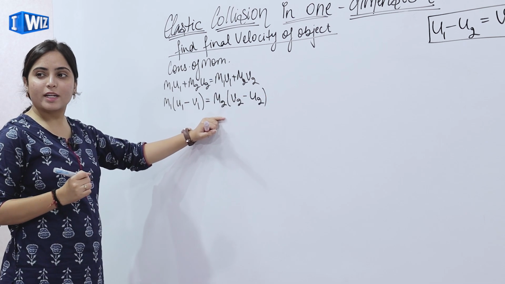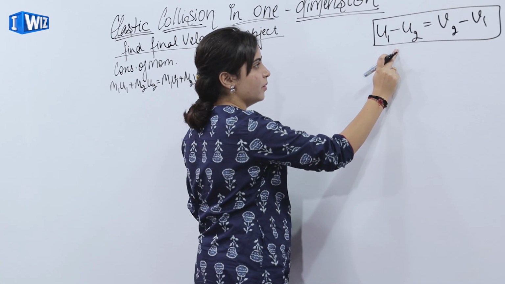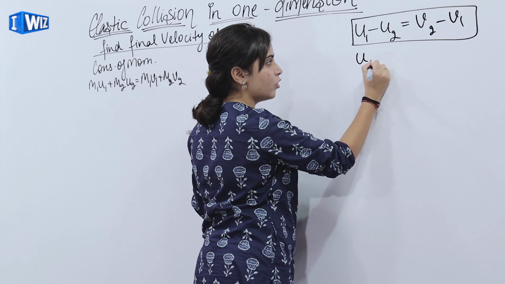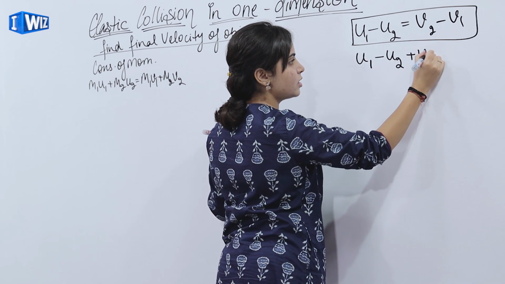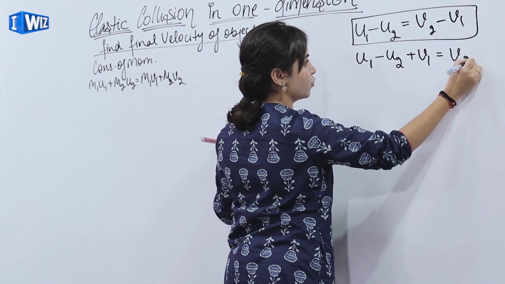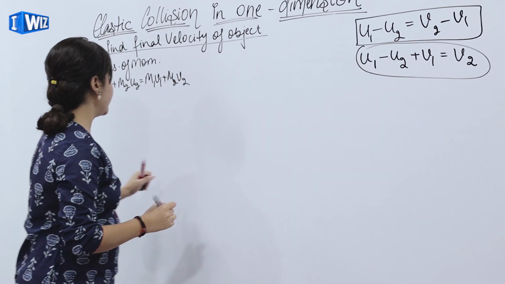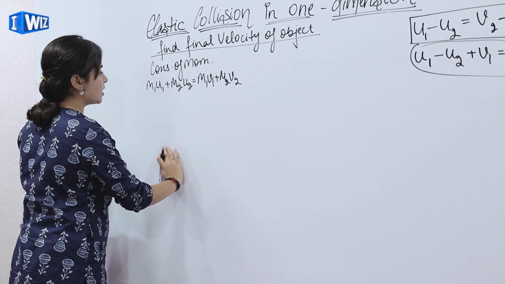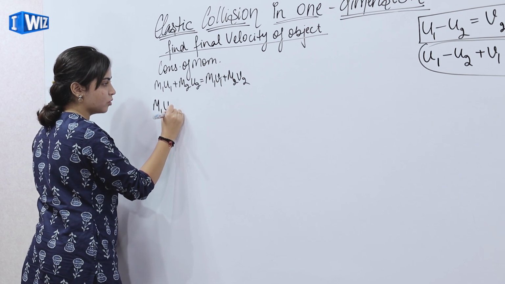So this was also our equation 1 in the previous derivation. Now from here I'll get the value of v2: u1 minus u2 plus v1 is equal to v2. Substituting this value of v2 into this equation. Before substituting, let us solve this a little more.